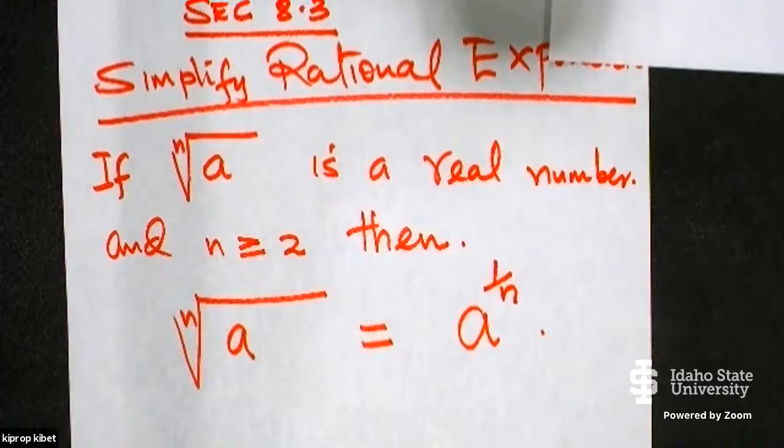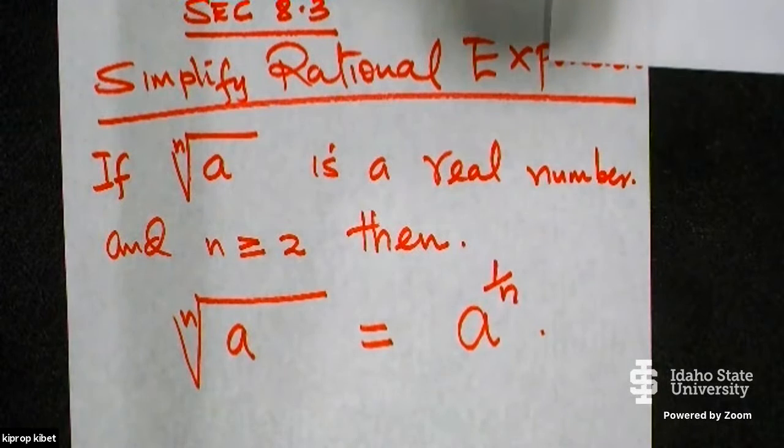So the nth root of A is equal to A raised to 1 over n.